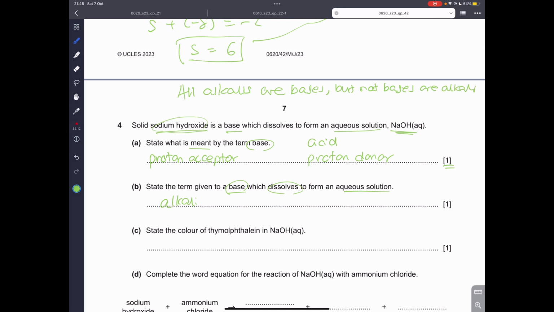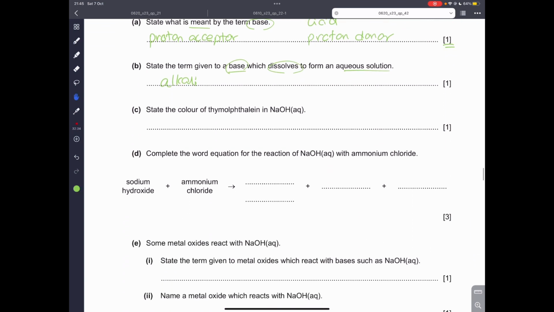In other words, an alkali is basically a subset of the bases. And the bases that can be dissolved to form a solution are called alkalis. This is a definition that you have to remember.